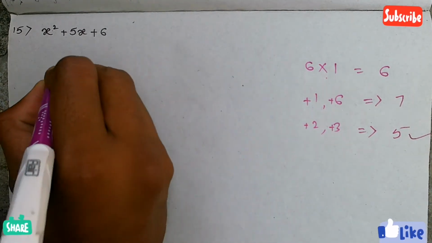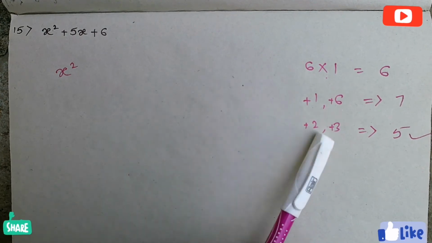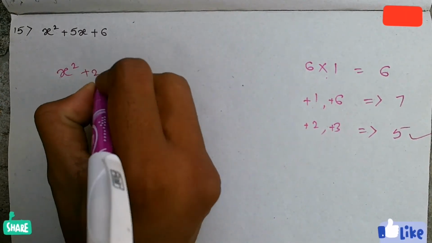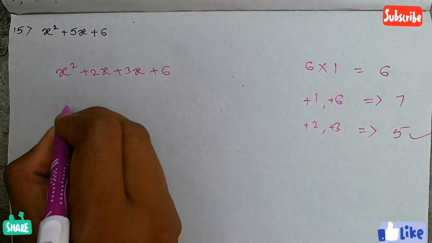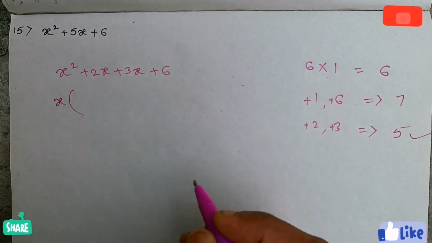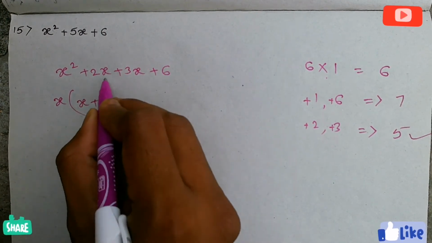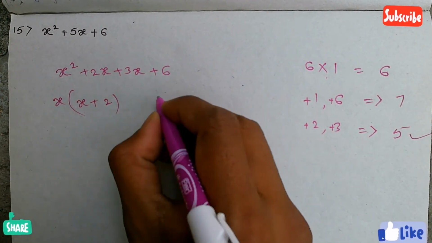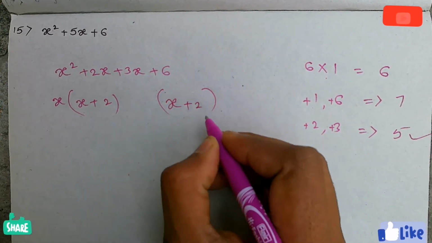So first term x square as it is. In the place of 5x plus 6 we need to write 2x plus 3x plus 6 as usual. From the first two terms we can take x common, so we remain with x square completed means x, from 2x, x completed means 2. Again here also the same, we need to get inside the bracket x plus 2.